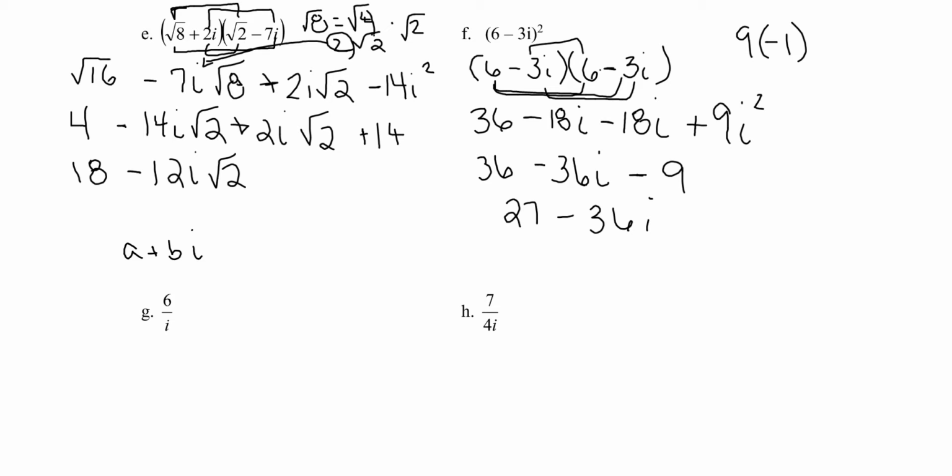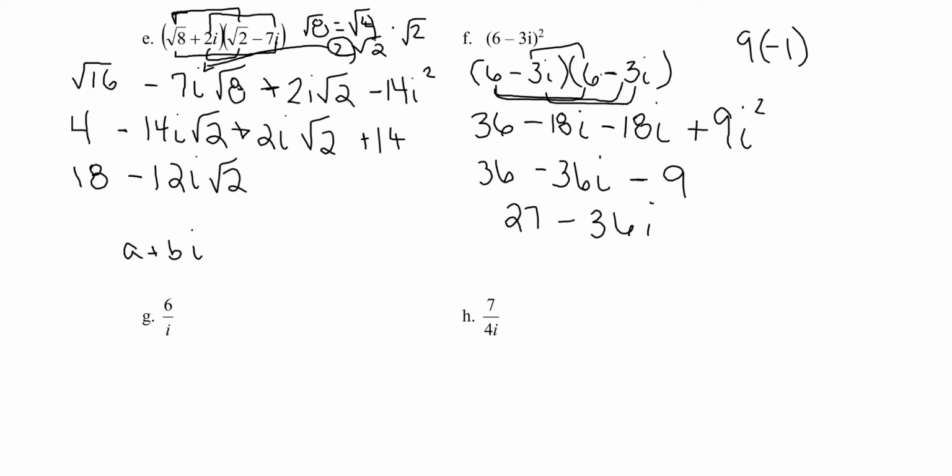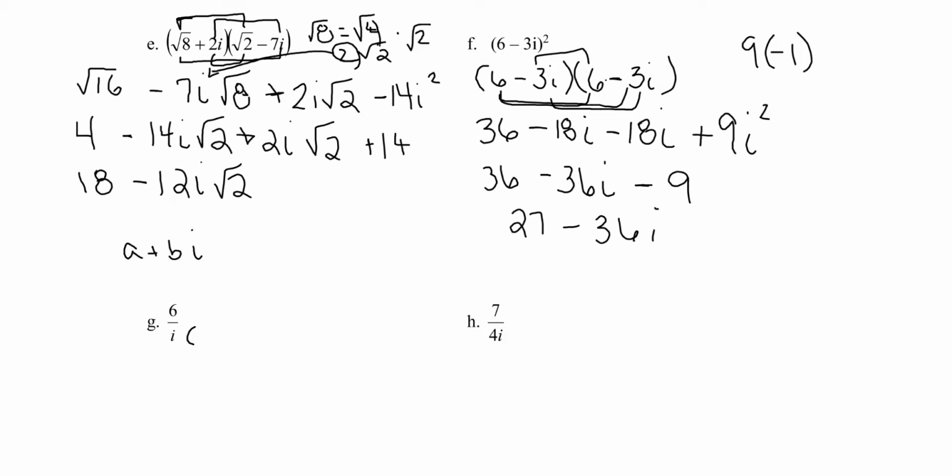So remember, the conjugate of an expression, like the conjugate of a plus bi, would be a minus bi. Now, here, we only have i in our denominator, so the conjugate of it would be a negative i. So we're going to multiply both the top and the bottom by negative i.